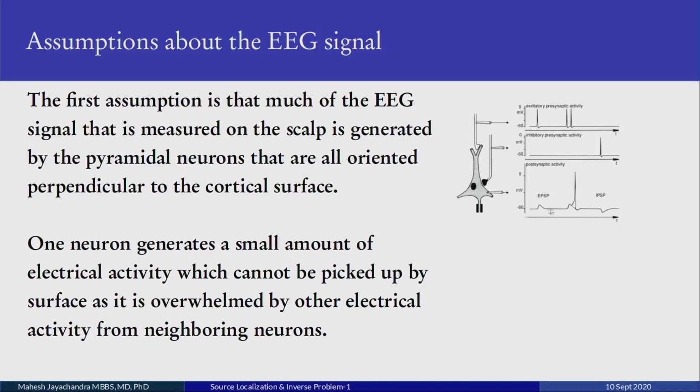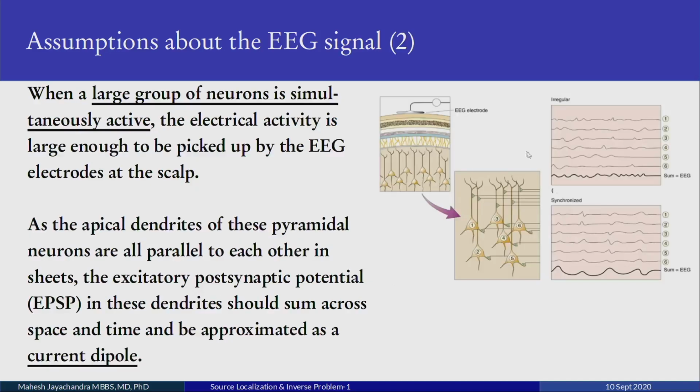One neuron generates a really small bit of activity, and it cannot be picked up on the surface because all the other neurons around it have activity and they overwhelm it, especially if they're not synchronized. But when a large group of neurons is simultaneously active, then it becomes an equivalent dipole. You can model it as that. It's a vector with direction and magnitude, and the electrical activity is big enough to be picked up by the EEG electrode on the scalp.